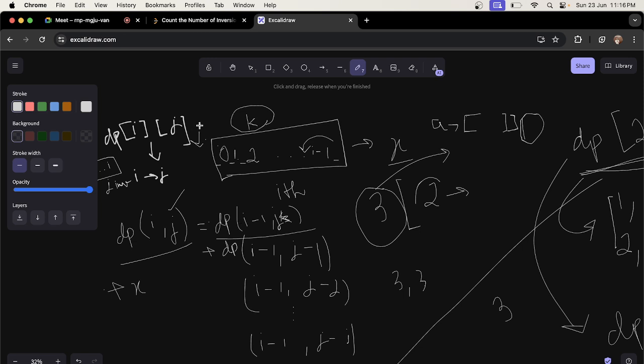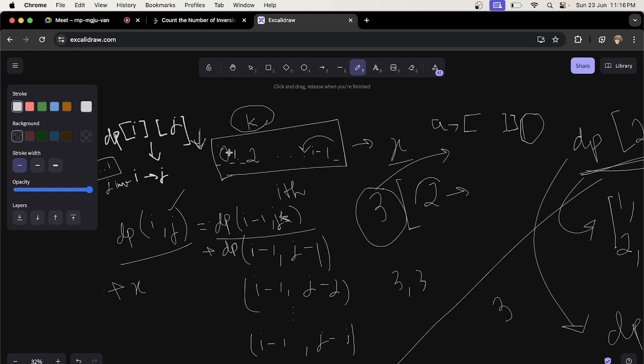If we put the ith element in the beginning, how many inversions are we increasing? Think. It is getting increased by i, right?